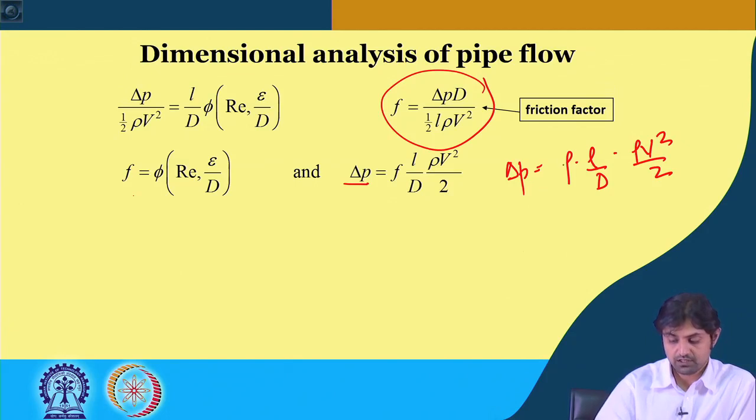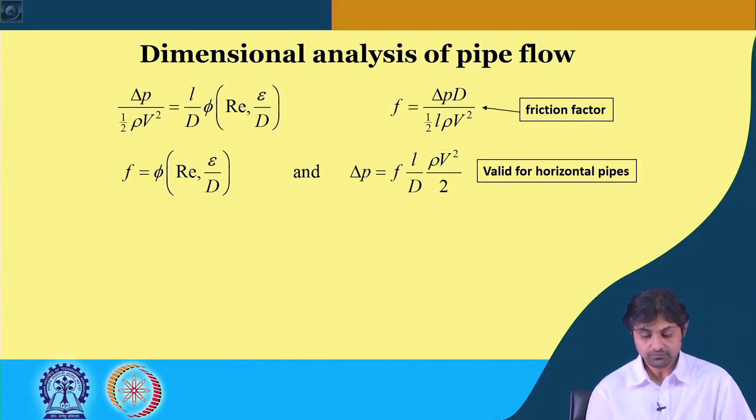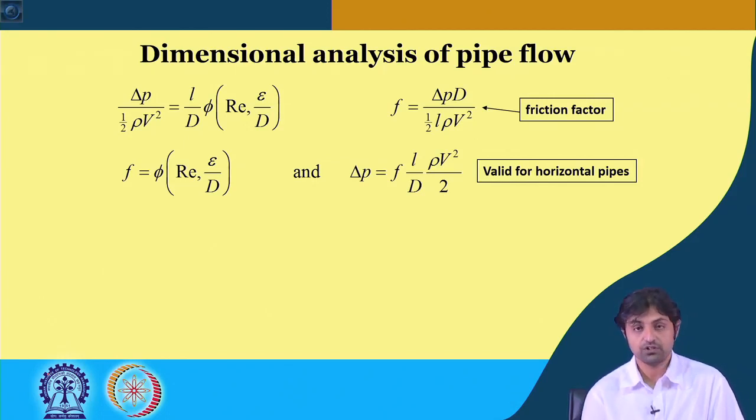So if we are able to calculate this F, we know L, we know D, we know rho, we know V, so everything will be calculated. So the challenge is now finding F, and this equation is valid for horizontal pipes.